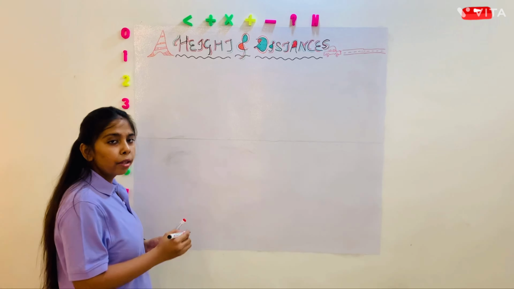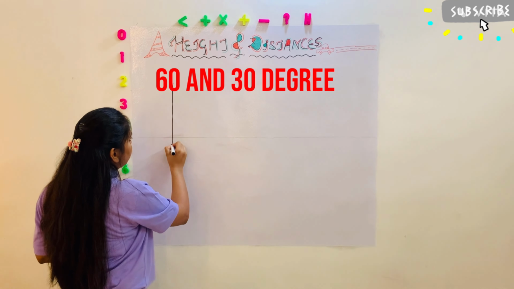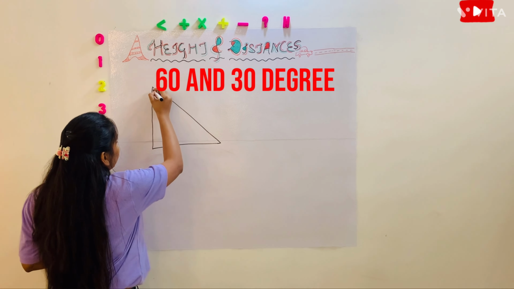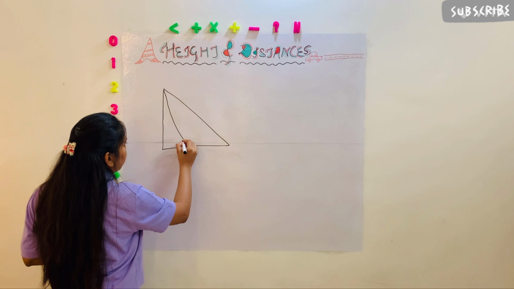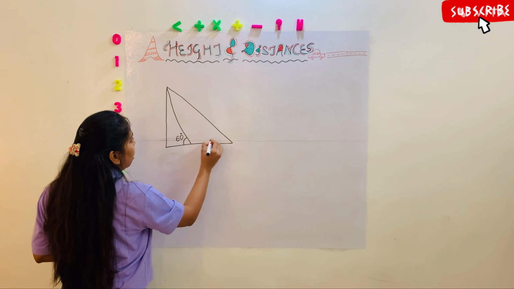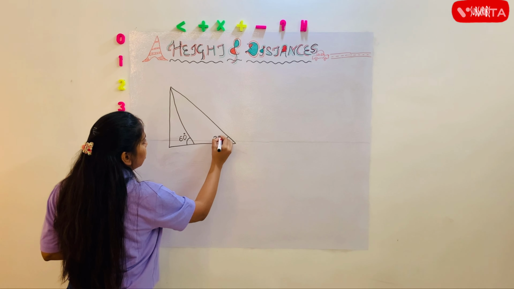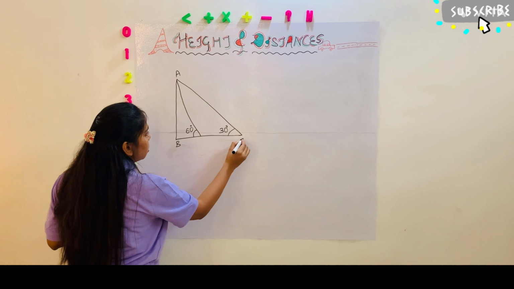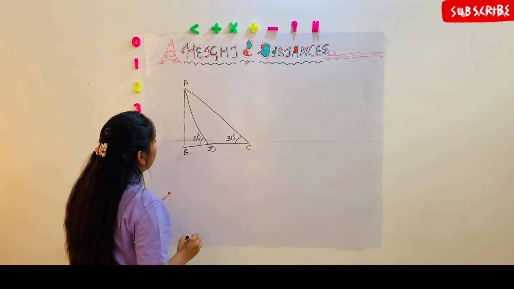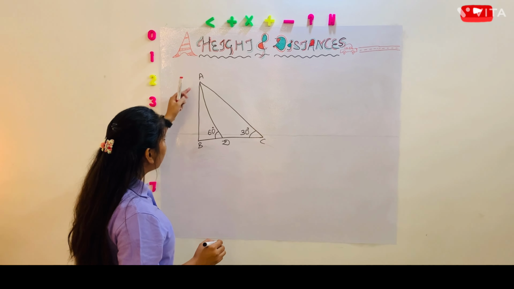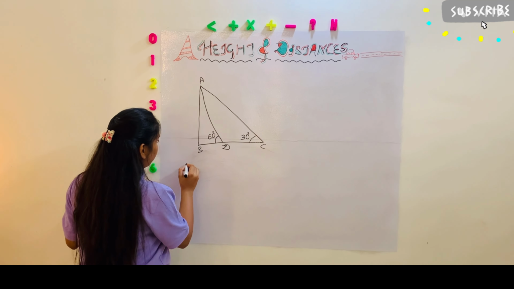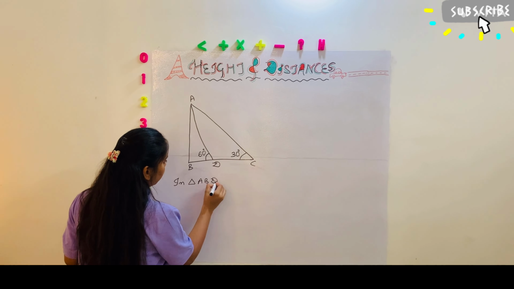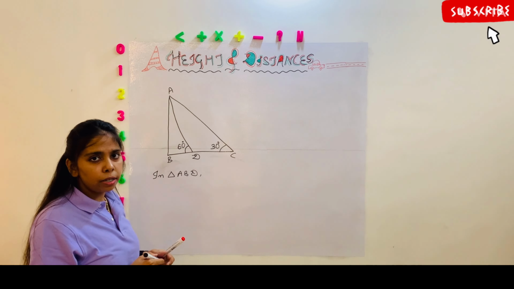Okay. So the second case is the angles 60 degree and 30 degree. This one is 60 degree and this one is 30 degree. Okay. This is A, B, C and D. First we have to find out the value in triangle ABD. In triangle ABD, we have to find out the value of tan 60 degree.